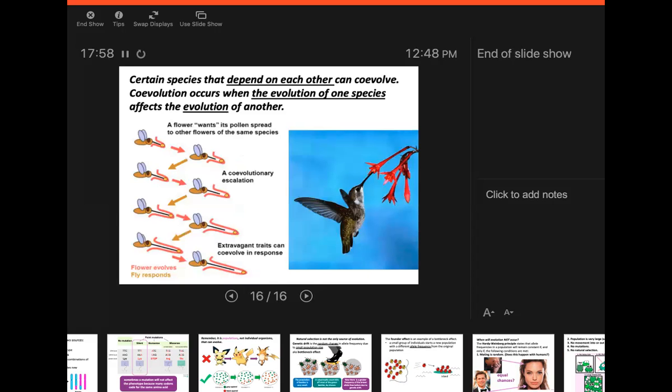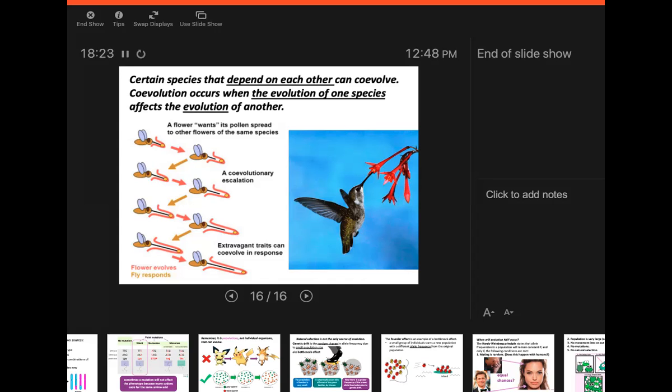And last, but very not least, is coevolution. Think back to co-dominance, think of a co-teacher. Certain species that depend on each other can co-evolve. This occurs when the evolution of one species affects the evolution of another.